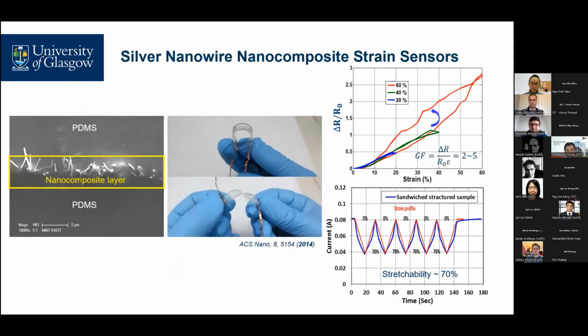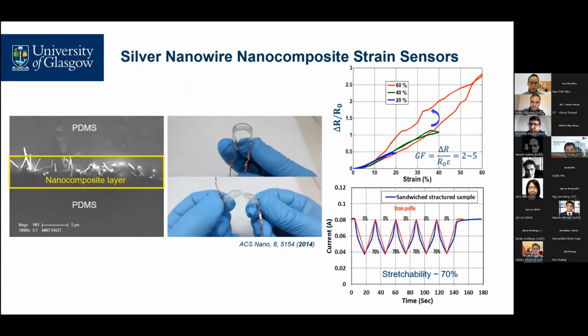To go into a little more detail, this is an example of our work on silver nanowire nanocomposite sensors. Here we have a very thin, micron-scale nanocomposite layer of silver nanowire embedded between two layers of PDMS, which is a flexible elastomer. As you see in the figure, these sensors are very flexible and stretchy. On the right side, you see some electromechanical experiments we conducted.